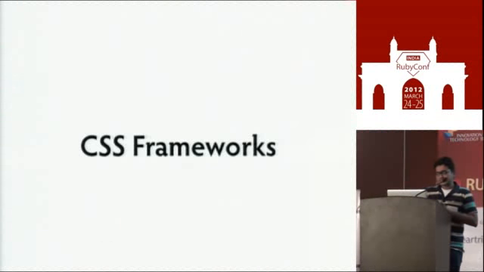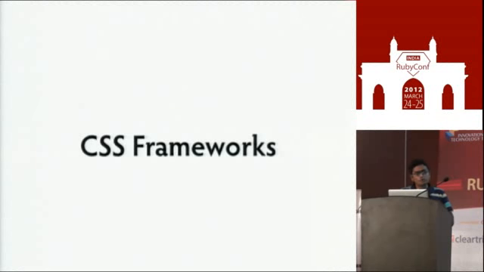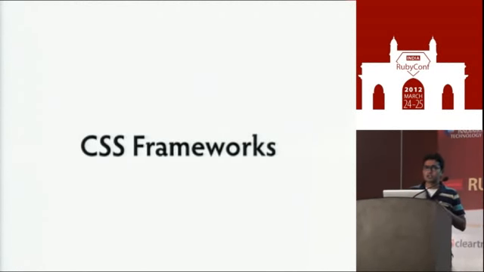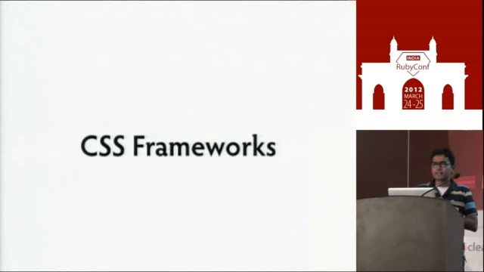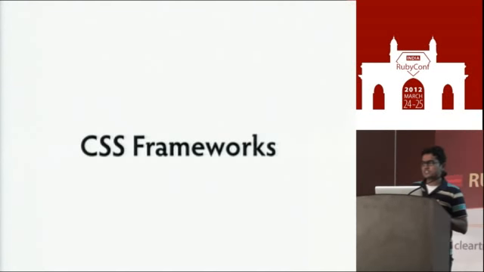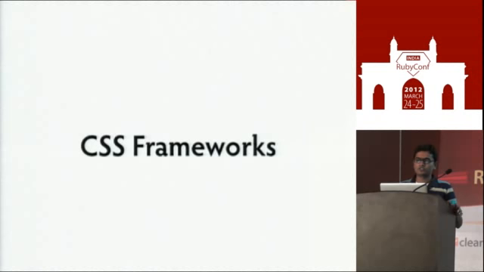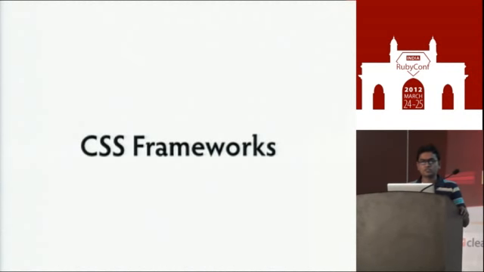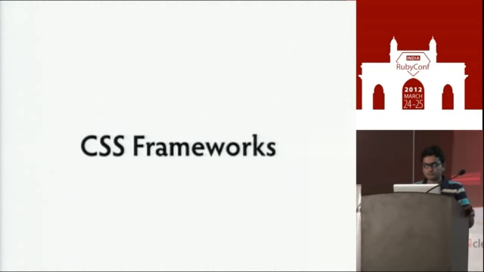Right. Next, what do we do? One option is to use a CSS framework. There are newer CSS frameworks with support for mobile layouts and desktop layouts, partially responsive. But these are generally rigid. You can only create layouts that the framework designer had in mind. So if you want to do something different, it's going to be really tough.